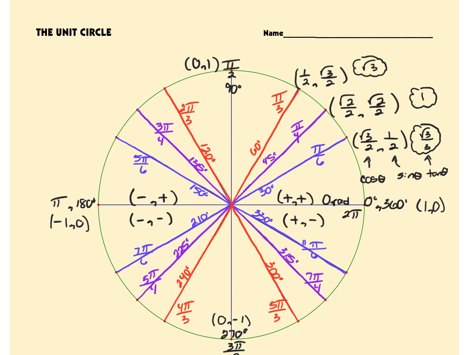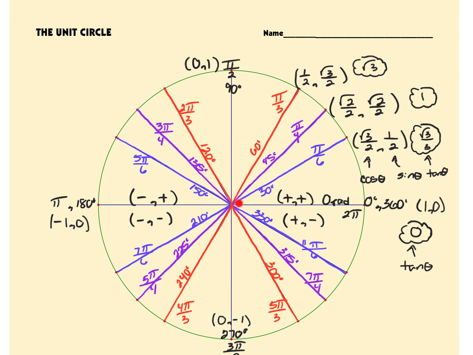Now, quick little note here. The tangent at 0 is going to be 0 divided by 1, and that is going to be 0. Notice there's a lot of zeros happening here. You can also think of that as the slope of the x-axis. Y over x is rise over run, so the slope of the x-axis is 0.